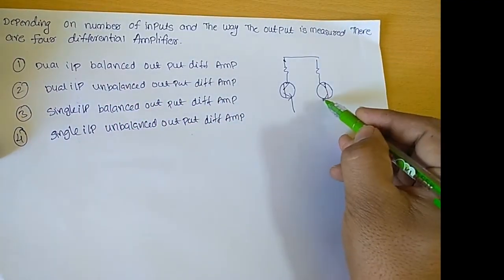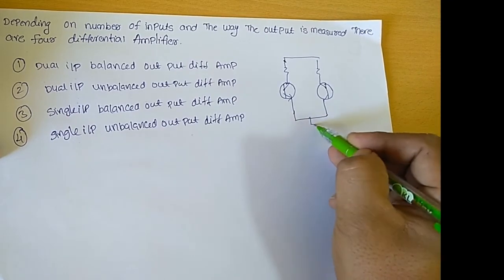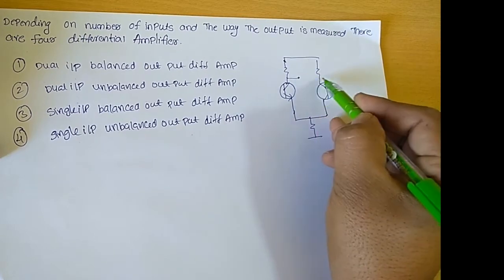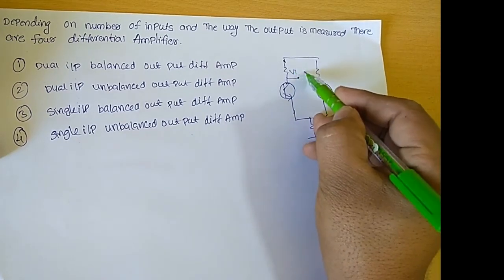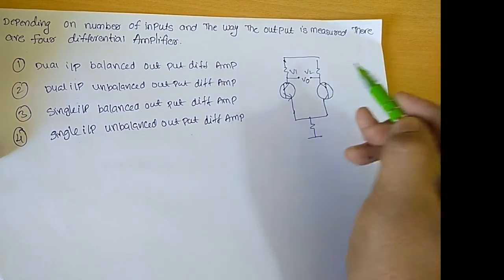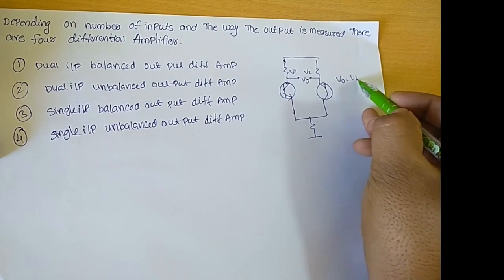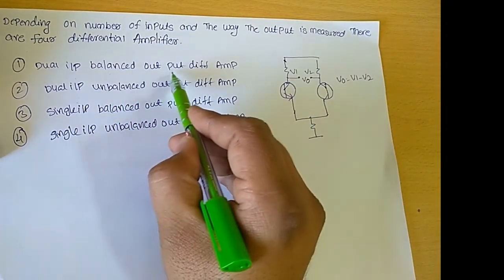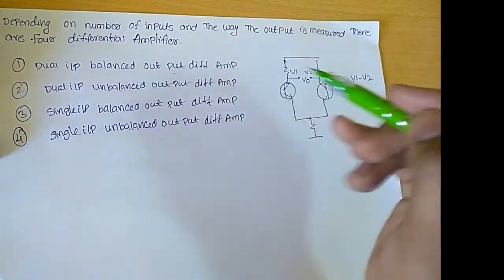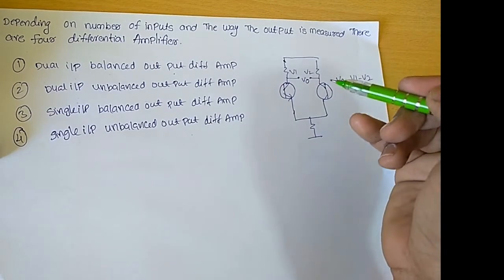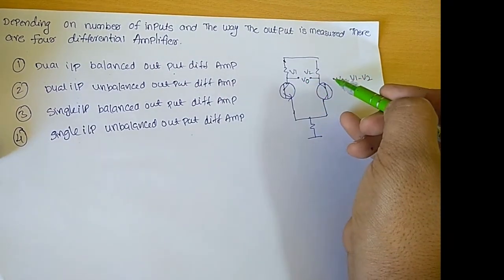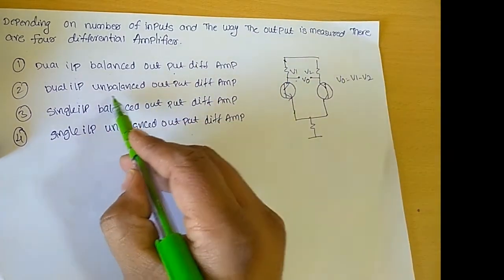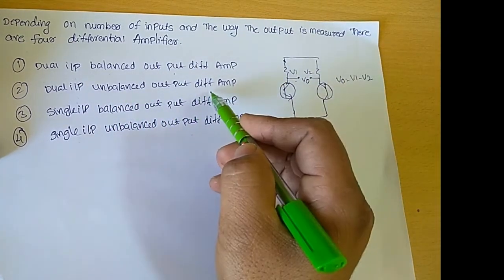For example, here we collect the output at these 2 collector terminals, that is V1, V2. This is considered as V0. Therefore, V0 equal to V1 minus V2. This is called balanced output. If we consider the output at any one of the collector terminals, either V1 or V2, that is called unbalanced output differential amplifier.